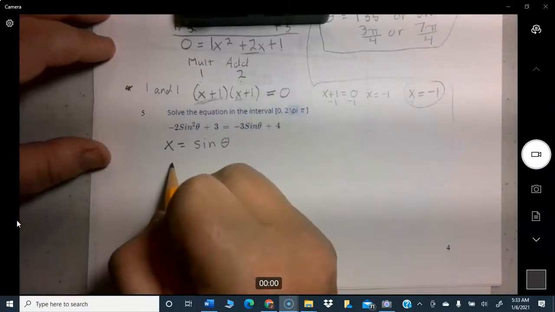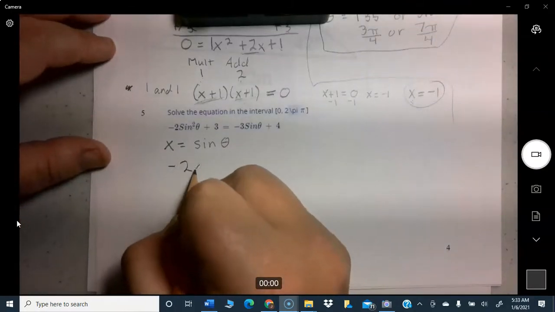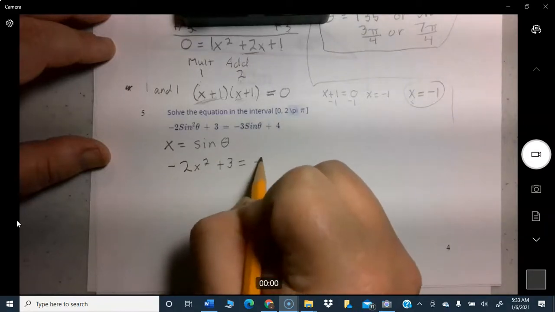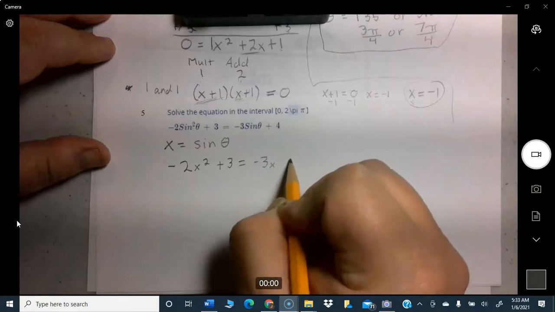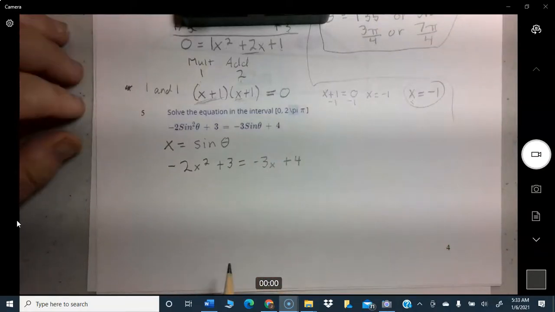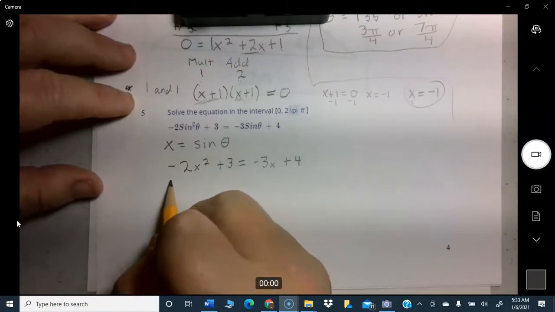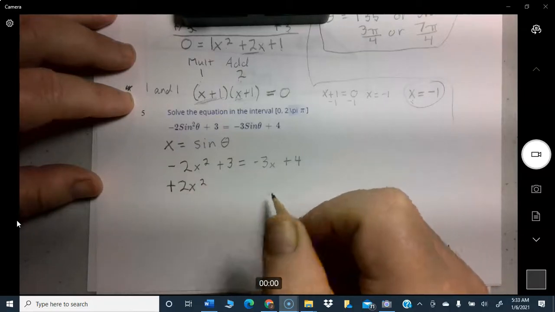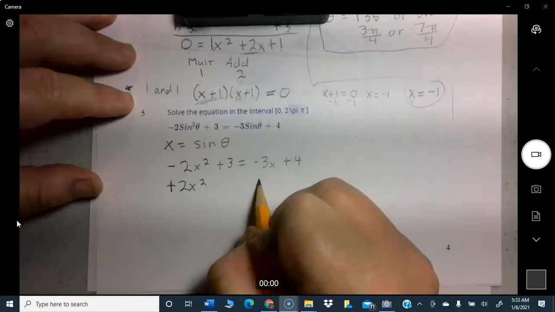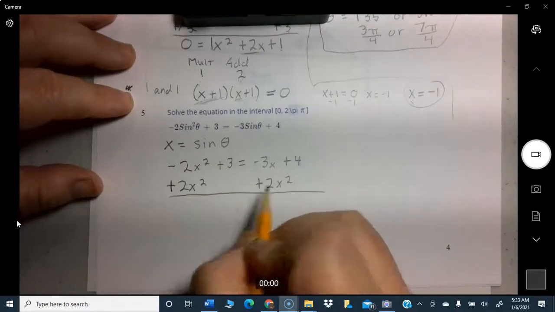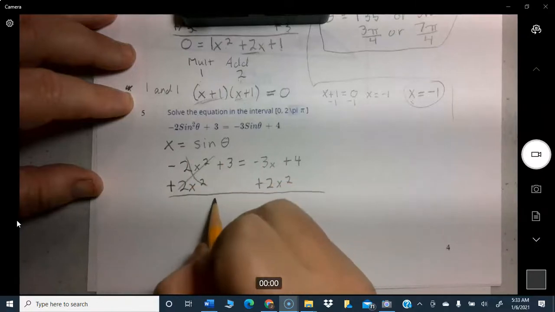So this would become... Now we rearrange it so we have a quadratic, and what I'm going to do is add 2x squared here and over on this side. So this goes away. You have a 3 here.